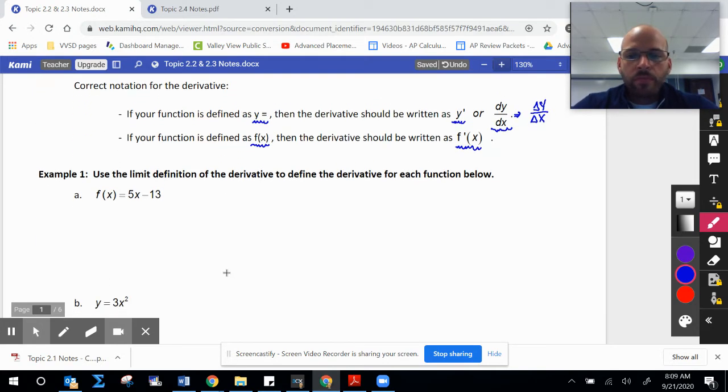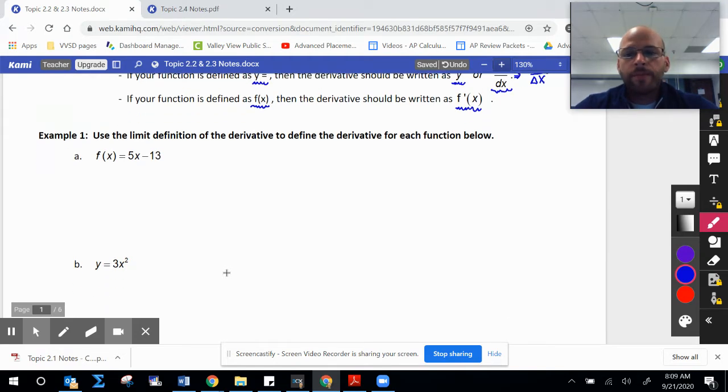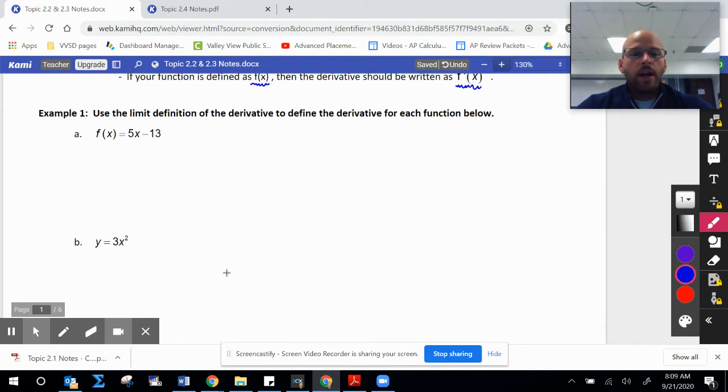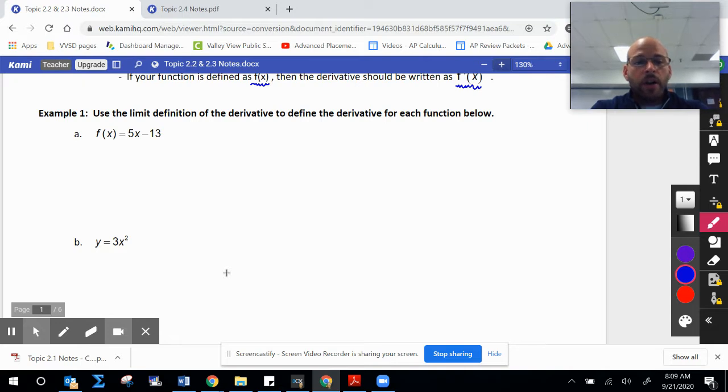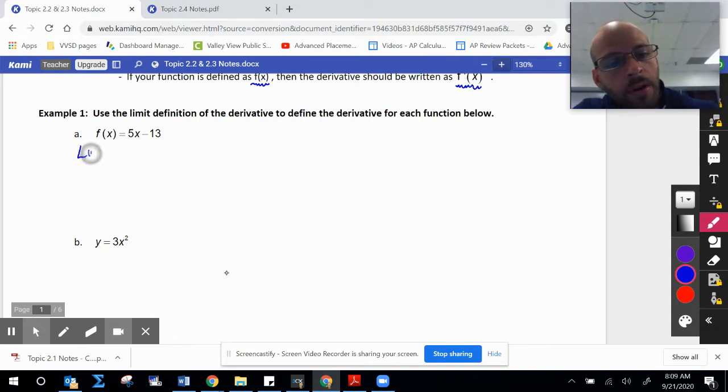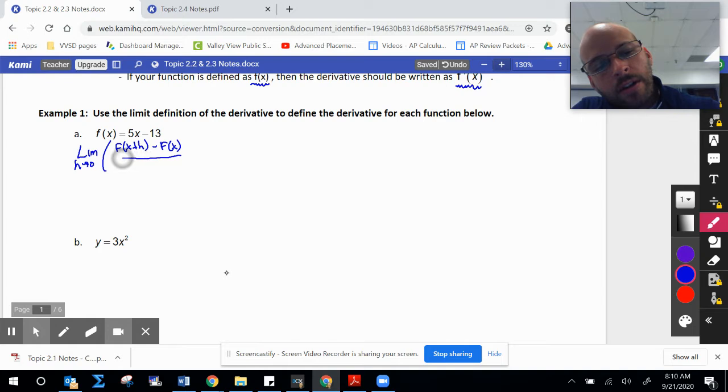Okay, so just kind of a recall from 2.1. Can we find the derivative of each of these functions? So if you remember, I have the limit, as h approaches 0 of f of x plus h minus f of x all over h.